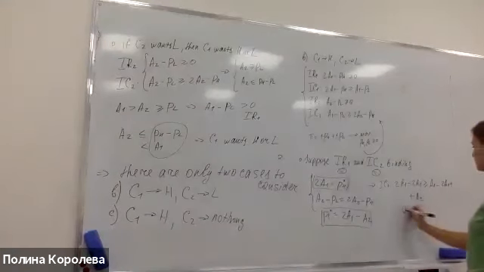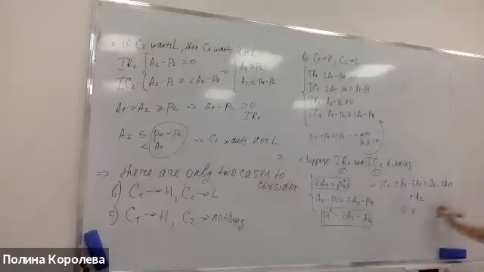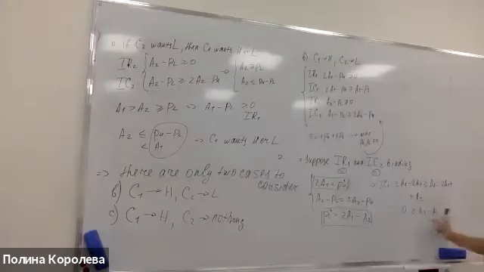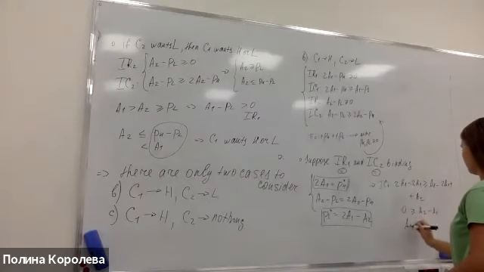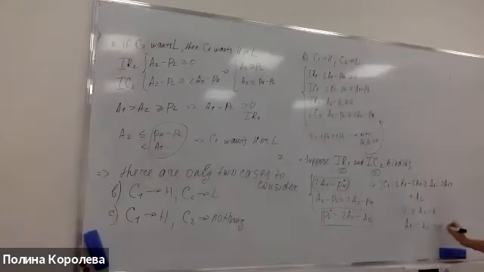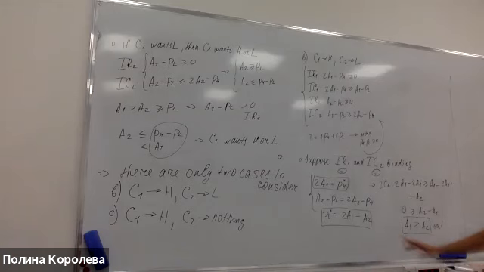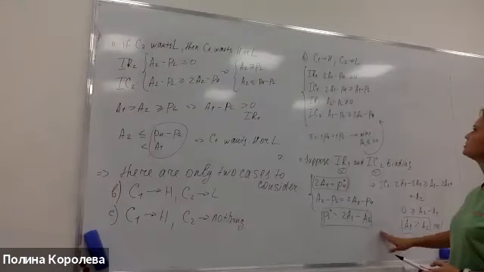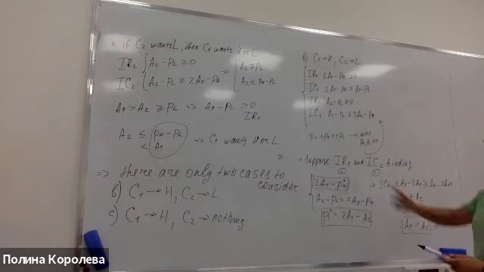Let's check. 0 greater or equal to A2 minus A1. From here, A1 greater or equal than A2. We know that it's okay. Yes, false. Then put our prices into individual rationality for the second.